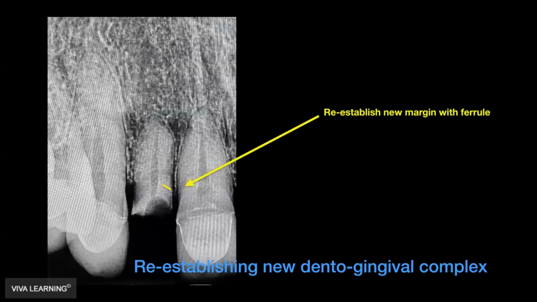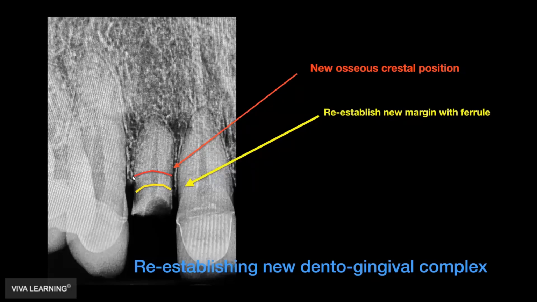First of all, what I need to do is know, okay, I've got to move this margin down so I have 3 millimeters. Okay, 3 millimeters, this is the ferrule. We're going to have a new ferrule here. But then if I needed 3 millimeters from the new margin to the actual new crestal bone, that would take it right there on the bone itself.